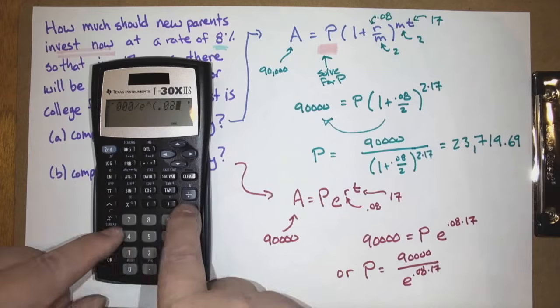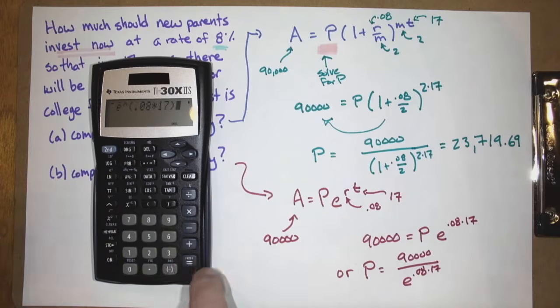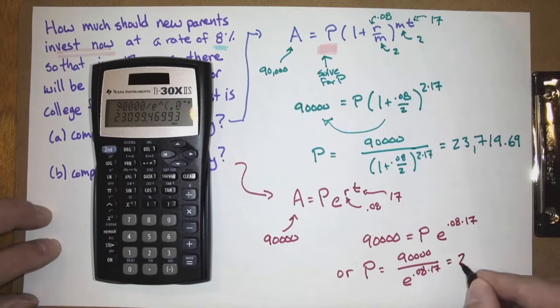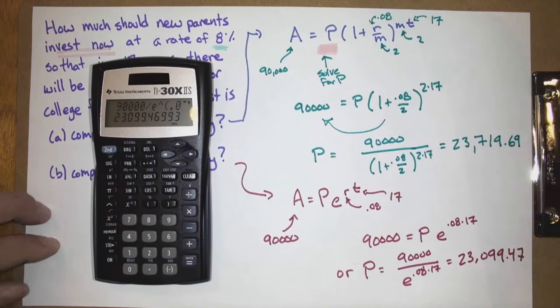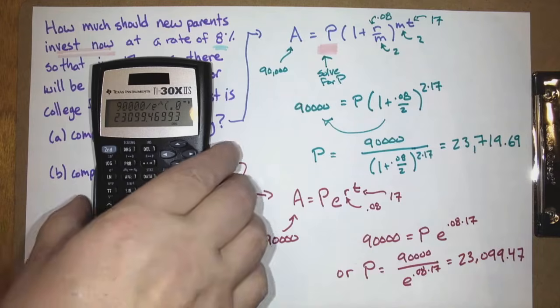Know your calculator. 0.08 times 17. Make sure your parentheses game is on point. And we get $23,099.47. So compounding continuously, you get to invest a little bit less than if you compound semi-annually. All right, we'll stop here.